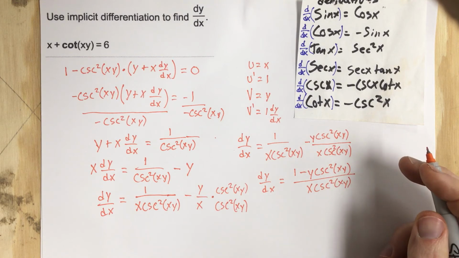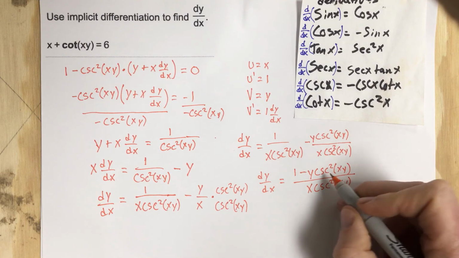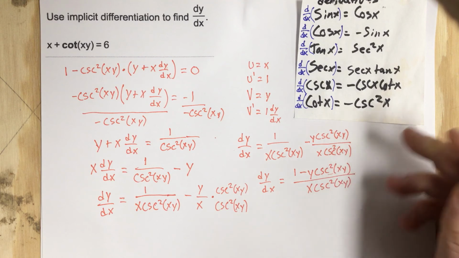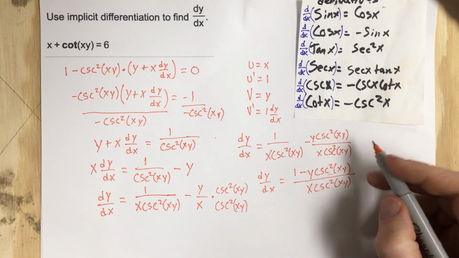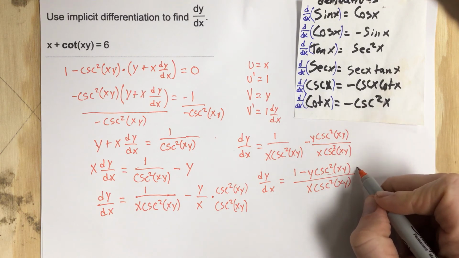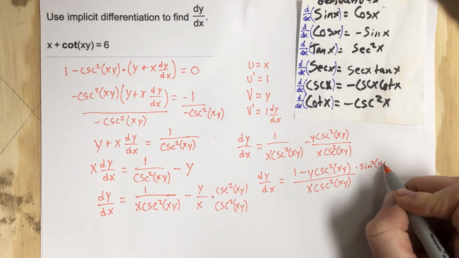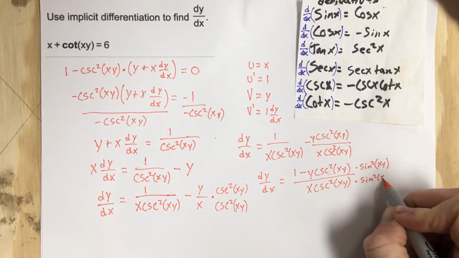And if I wanted to, because this is cosecant squared, and cosecant is essentially the inverse of sine, I could multiply the top by sine squared xy, and the bottom by sine squared xy.